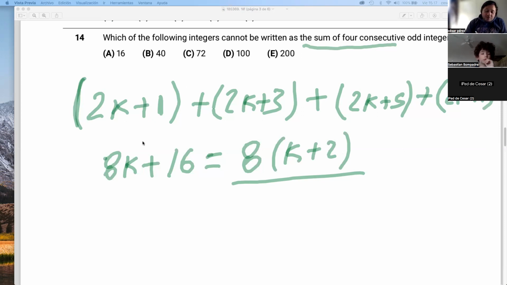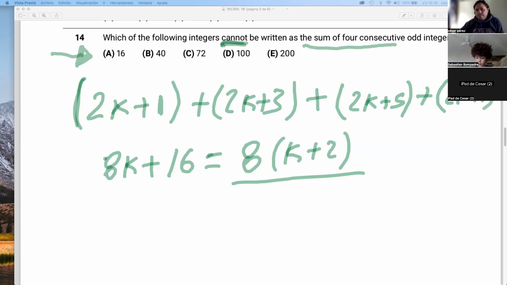So we need to find numbers that cannot be divided by 8. It's important. Cannot be written as.